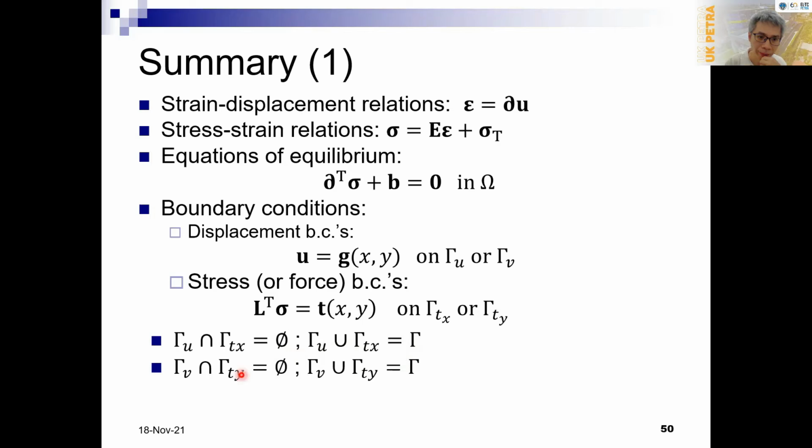Similarly for the y direction, gamma v and gamma ty cannot overlap. It means we cannot specify both displacement and traction on the same component on the same boundary. So we have to specify either v or ty, either u or tx. And the union of gamma v and gamma ty makes the whole boundary. In other words, they complement each other.